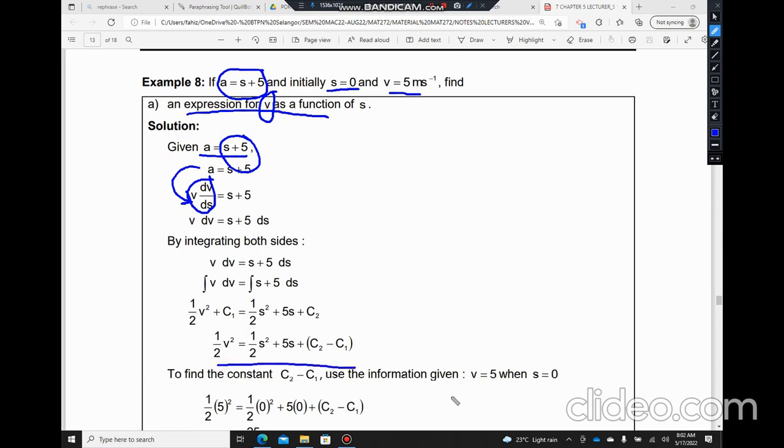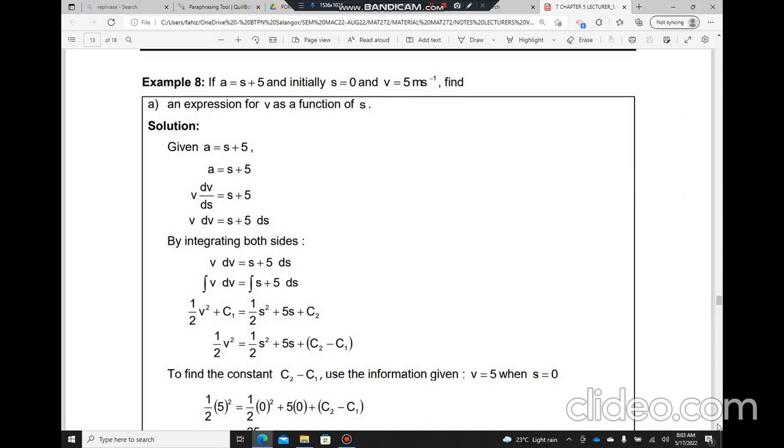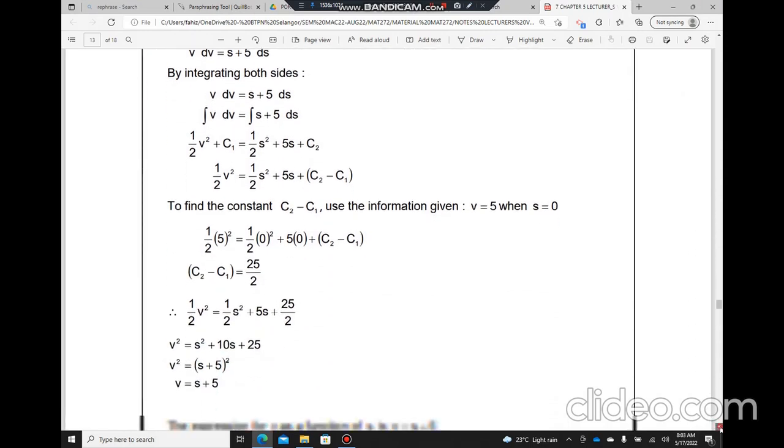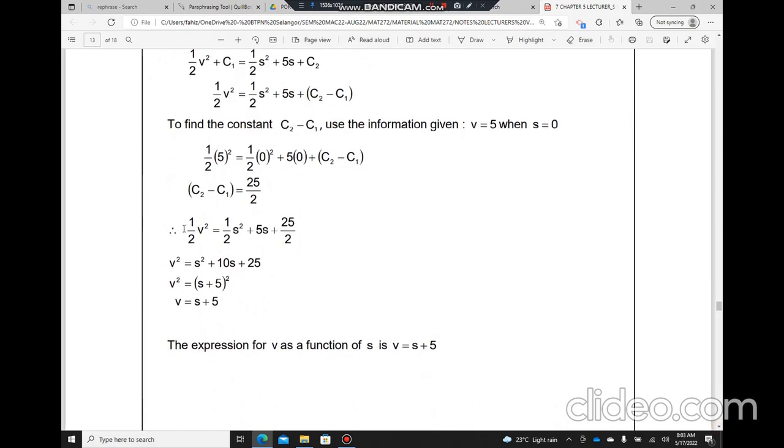So substitute the information given, which is V equals 5 when S equals 0. So you will get the value of C2 minus C1, which is 25 over 2. So kita dah dapat expression. Kat sini dapat 1 over 2 V square equals 1 over 2 S square plus 5S plus 25 over 2.